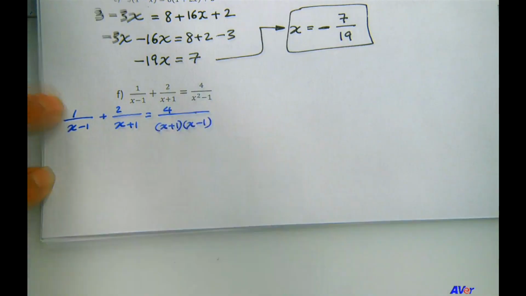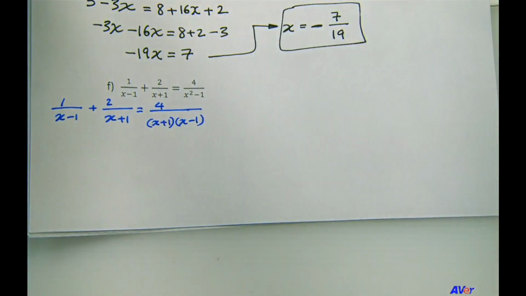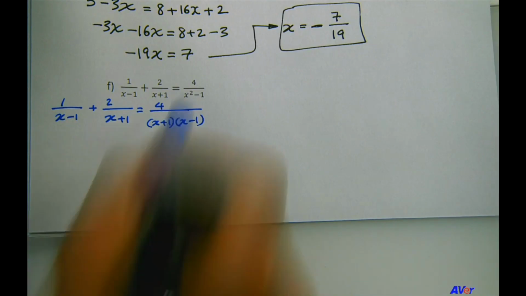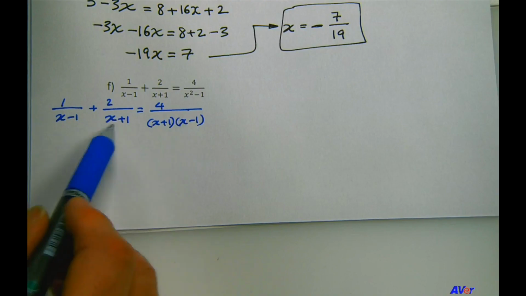We need to find the factors because we need to find the term by which we can multiply both sides of the fraction and get rid of all the fractions at once. And factoring allows us to see that. So x plus 1 times x minus 1.